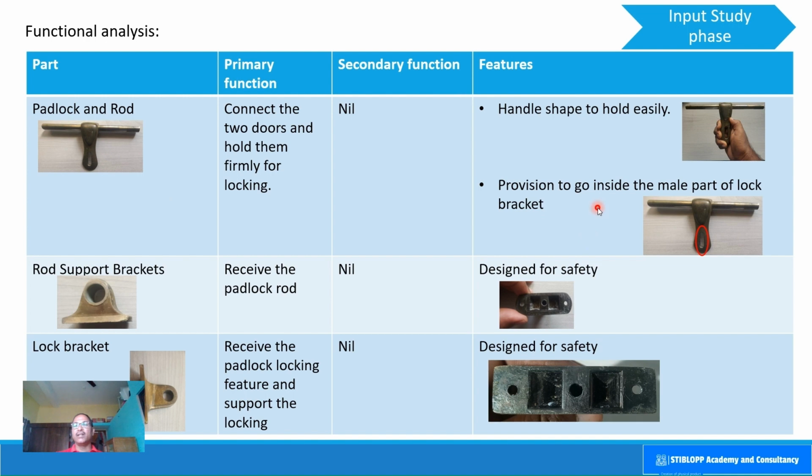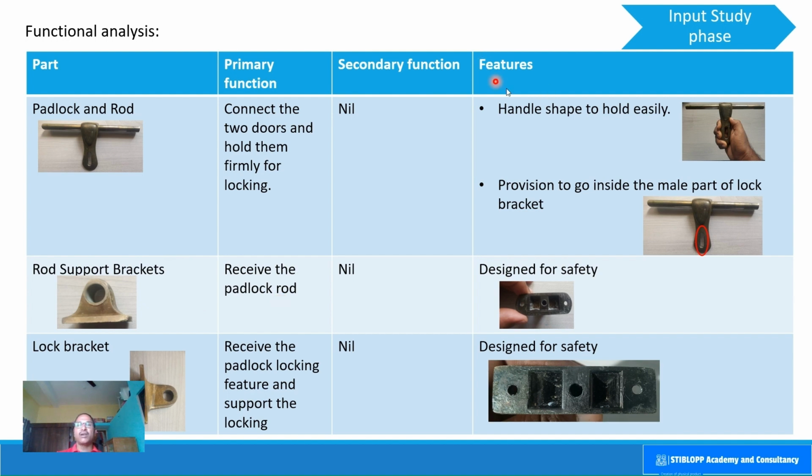The next feature that we have is this female feature with the slot. Okay. This has to enable the male part of the lock bracket to go inside it. Okay. Then we have the rod support brackets. The rod support brackets are those brackets which are fixed to the doors on both sides. The primary function of the rod support brackets is to receive the padlock rod when you move this padlock rod inside them.